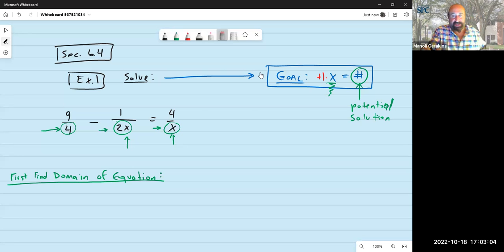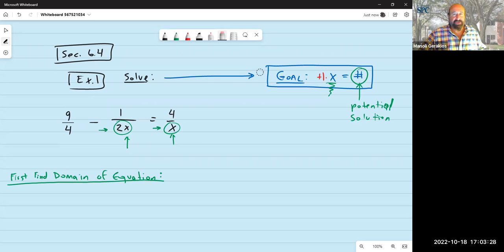That's that combination. 4 doesn't have a variable in it. I'm only worried about those potential solutions, any numbers that we can get at the end that, if we substitute them in for the variable, would cause the denominator to become a 0. And we can't have that. Division by 0 creates an undefined situation in math. A solution wouldn't do that.